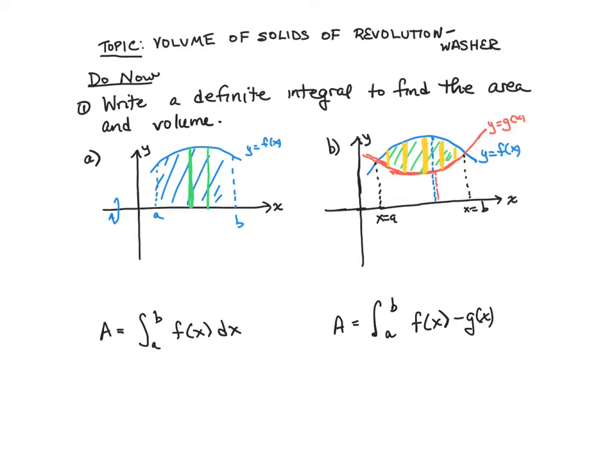And when we subtract those two, we get the height of the yellow rectangle in the region. So that's why we subtract those two, and let's put brackets around this with respect to x.